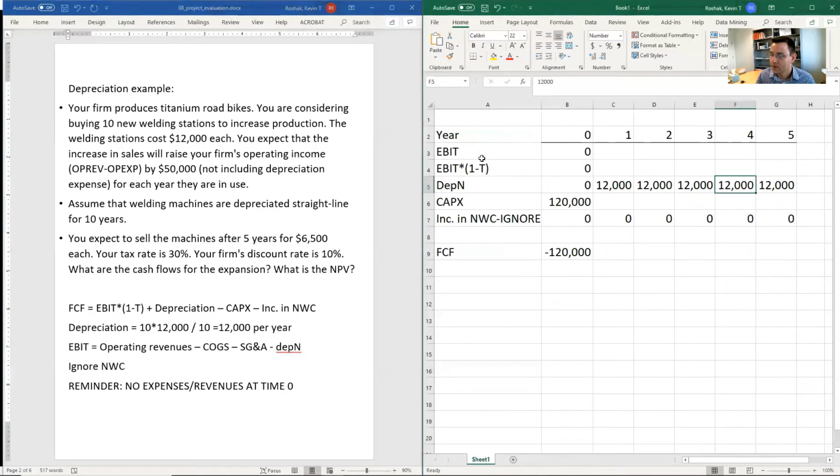The next thing we should think about is EBIT. We have most of EBIT already. We know that our operating revenues minus our operating expenses is $50,000, but this does not include depreciation. EBIT does include depreciation. So we need to take that $50,000 and also subtract off depreciation.